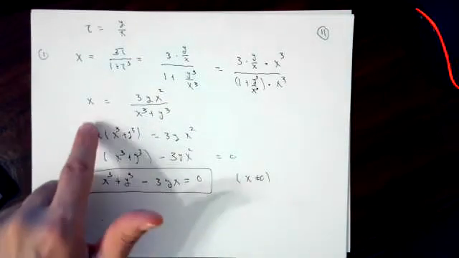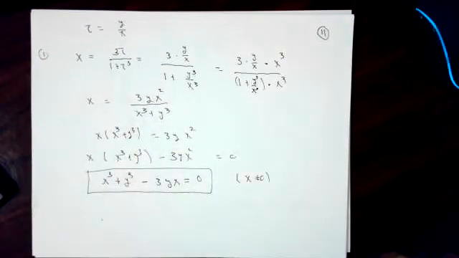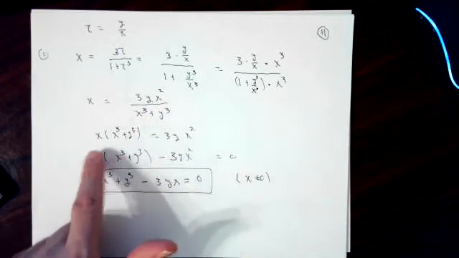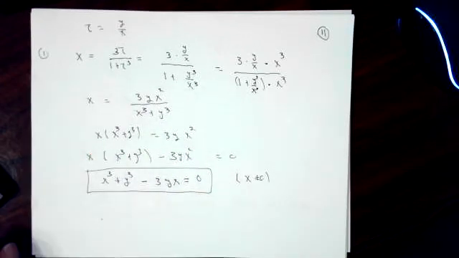So this says that x is 3yx squared over x cubed plus y cubed. If you multiply both sides by the denominator, we find out that x times (x cubed plus y cubed) is 3 times y times x squared.